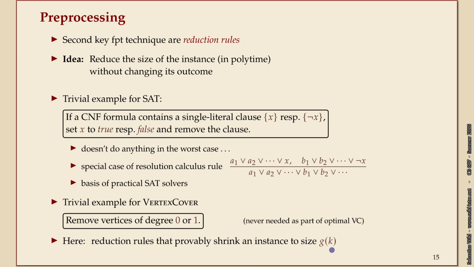That's what we're really after. So I'll often say pre-processing is just anything you do to the input before you get going. What we're after in this chapter for a problem kernel is something more specific.